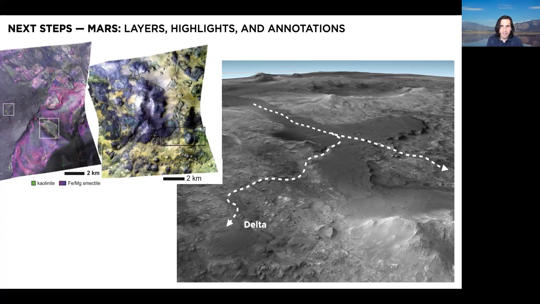Annotations would be another very good thing, so that we can highlight, especially to non-specialist geologists, the delta deposits here, these megabreccia blocks here. Those types of things will be very useful, and they will be useful outside of the context of Northeast Syrtis as well.